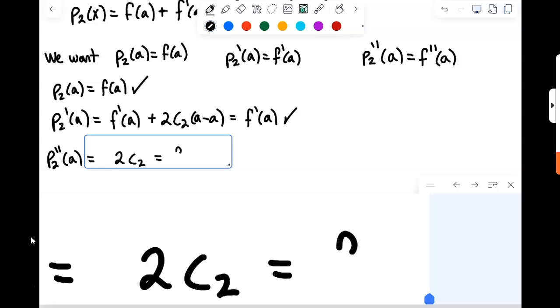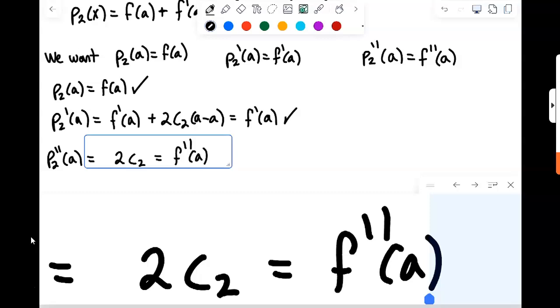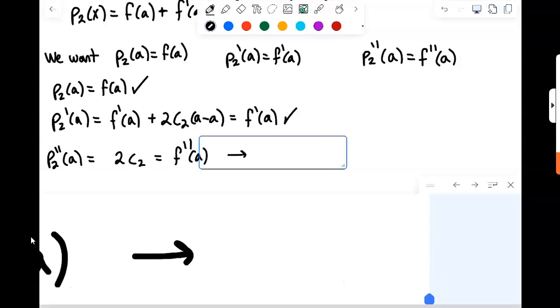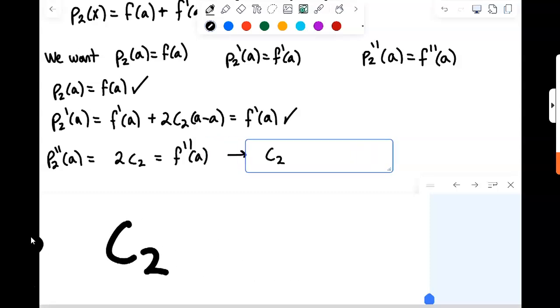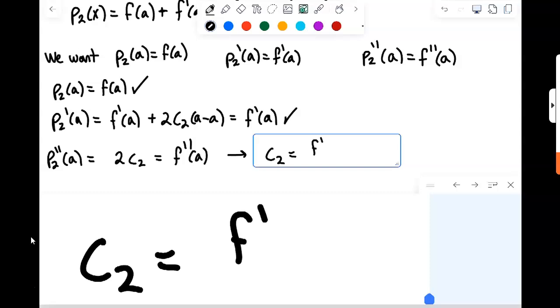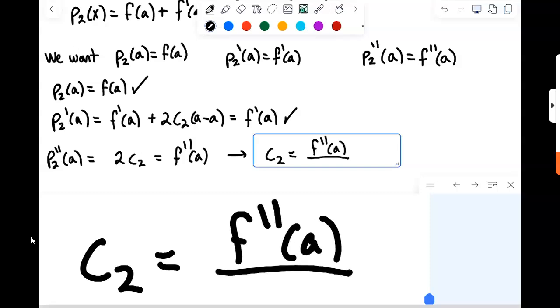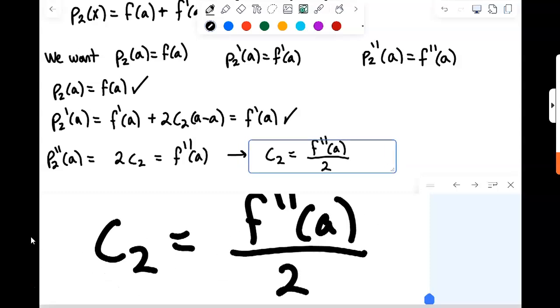And we want that to be equal to f double prime of a. So that tells us then that c2, the constant for the second degree approximation, should be f double prime of a divided by 2.